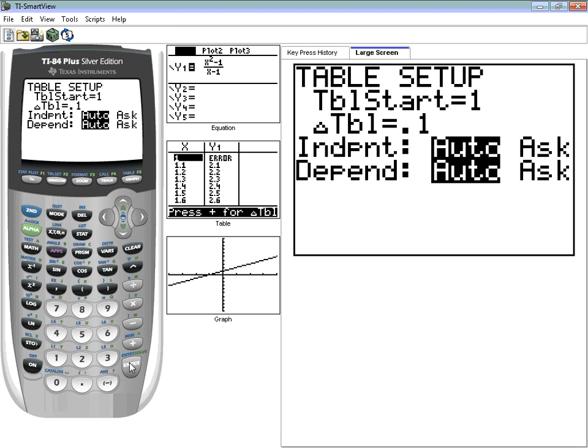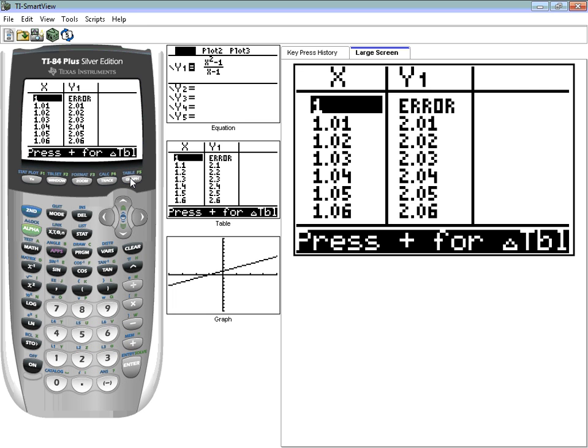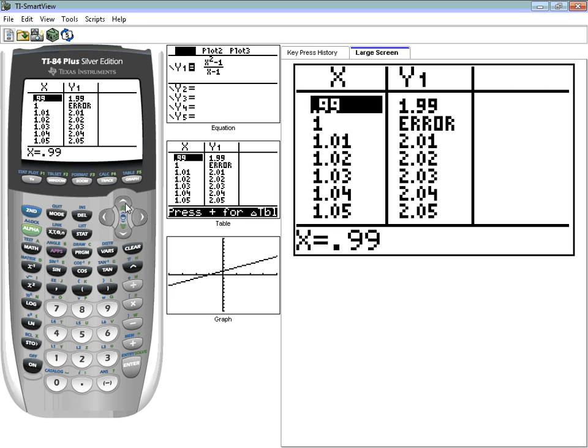But instead of going by 0.1, any thoughts as to what I might want to go by next? 0.01, yes. 0.01. And then you go back to your table. Yeah. Oh, yes. The notes.